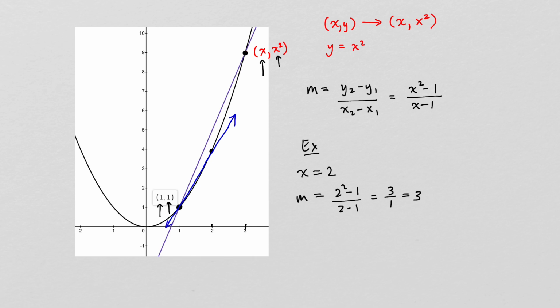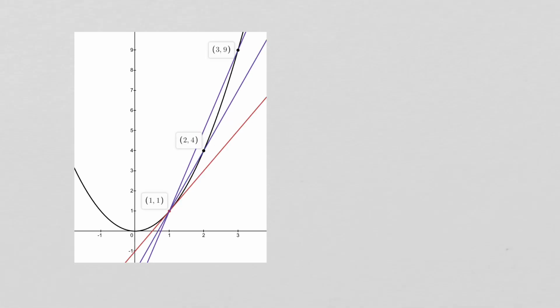And again, we can do this for any x value. So here are both of those lines graphed. So we have the secant line corresponding to x equals 3, and the secant line corresponding to x equals 2.